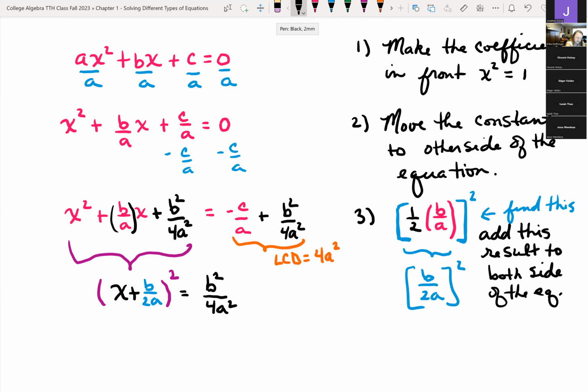But for minus c over a, I need 4a squared in the denominator, so I can multiply this by a fancy one. I need 4a more, so 4a times a gives me 4a squared.